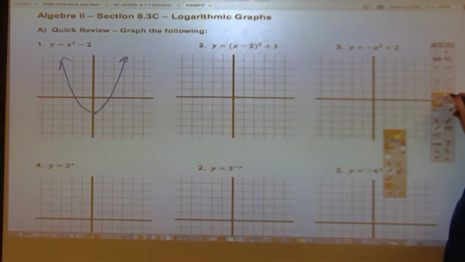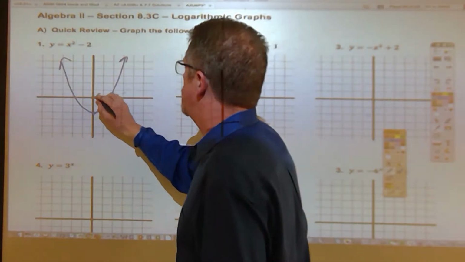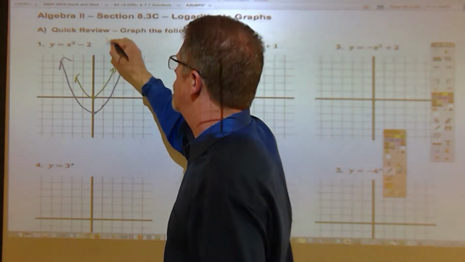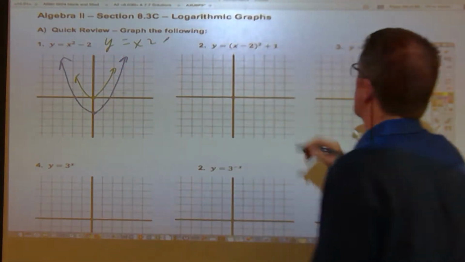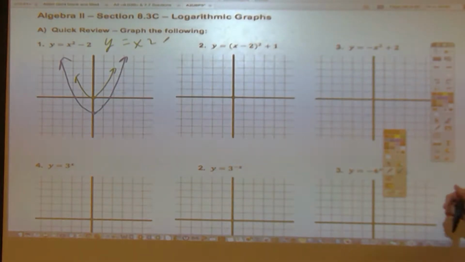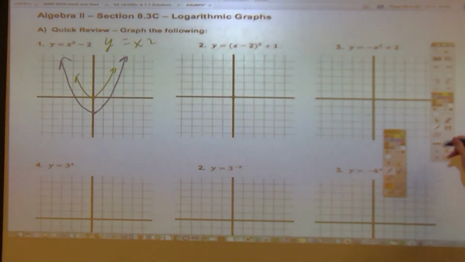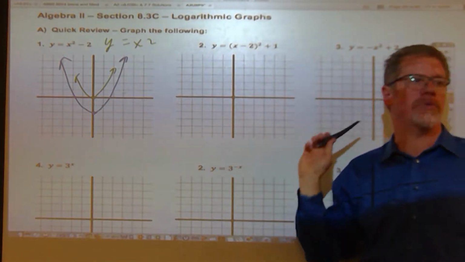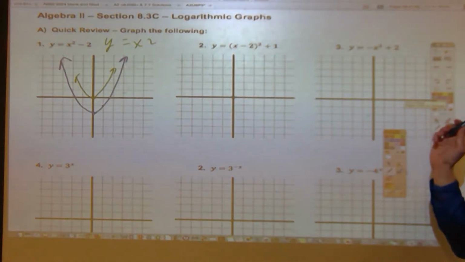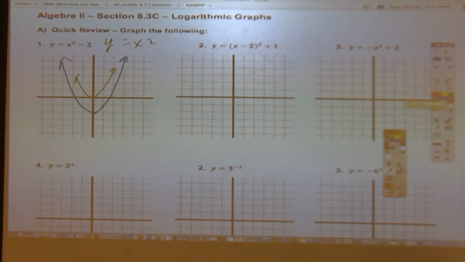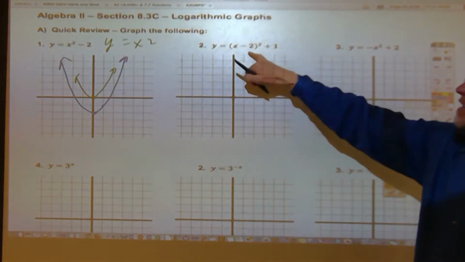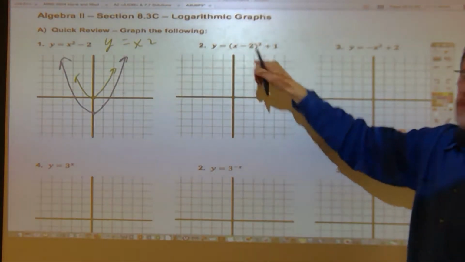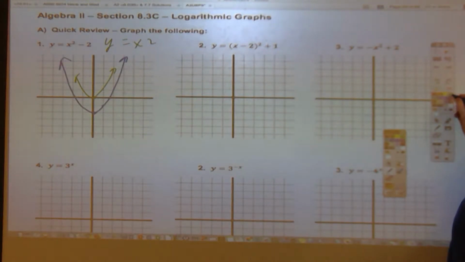The same parent graph, which I have here in green, y equals x squared, is the parent graph for all 3 of these. So what would the transformations of the parent graph y equals x squared be for this one? What do you think about this one, Mia? The -2 performs what transformation?